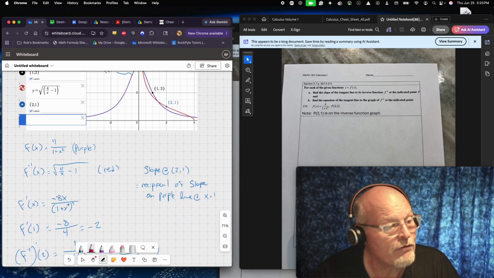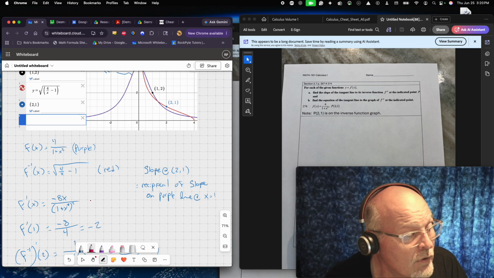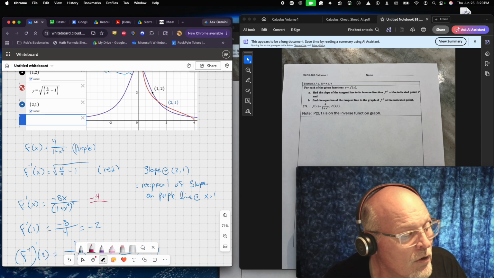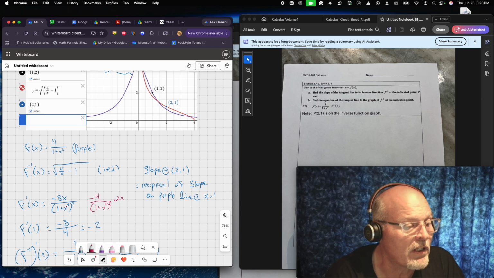and through the chain rule, or the power rule and the chain rule, we ended up with negative 4 over 1 plus x squared, quantity squared, times the derivative of x squared, which is 2x, or negative 8x over 1 plus x squared, quantity squared.